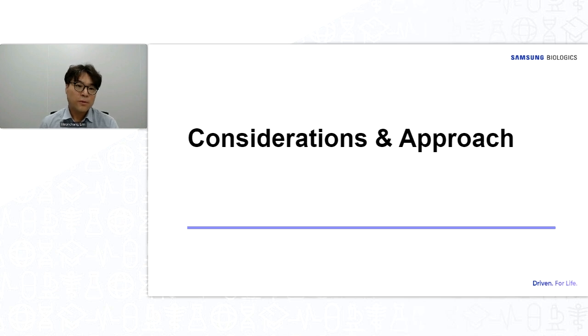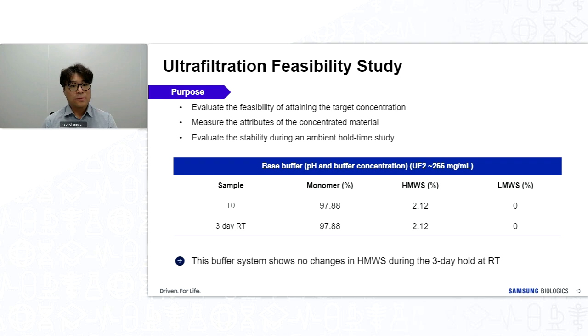So here we will look at the case study for high concentration formulation gate check and development. As we just discussed, one of the critical steps for attaining a stable high concentration formulation is to have the ability to first attain the target concentration.